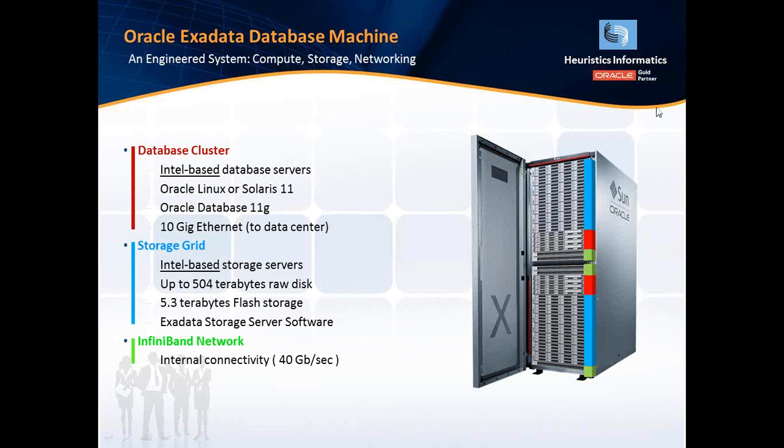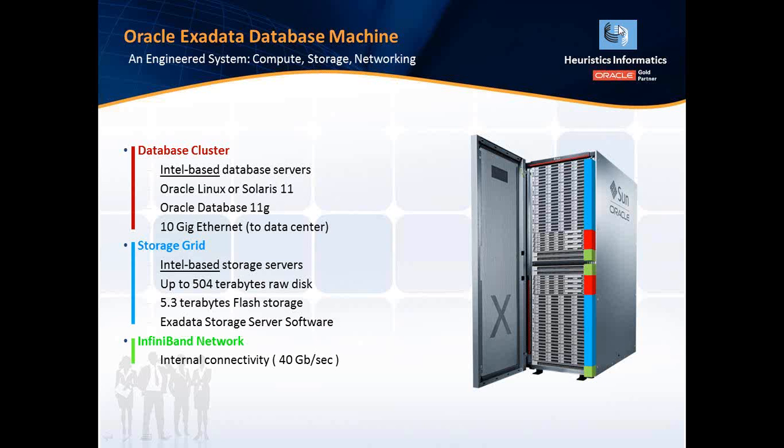So as you can see, we've got the database cluster, which is the first piece, which is running Intel-based servers on Linux or Solaris and running database 11G or 12C now. You've got the Ethernet fabric, which is a 10 gig Ethernet fabric that you can use to access the Exadata from other servers or from your client machines.